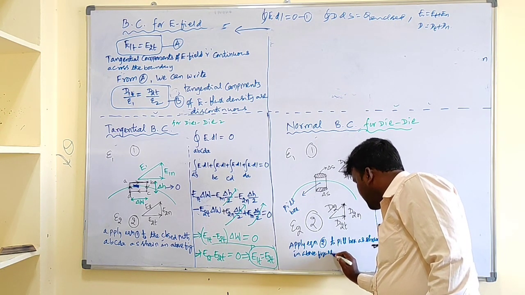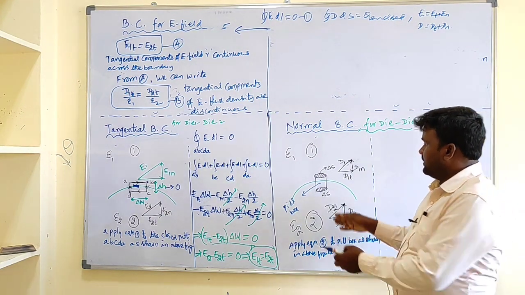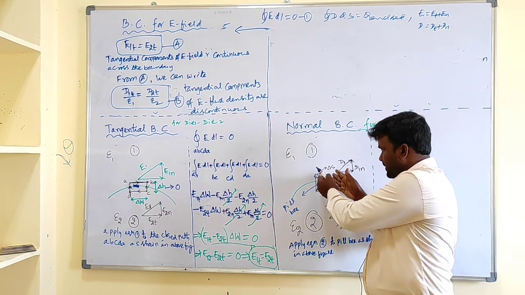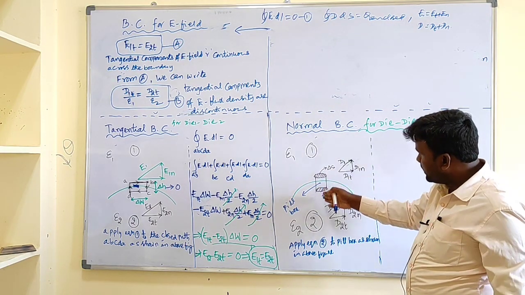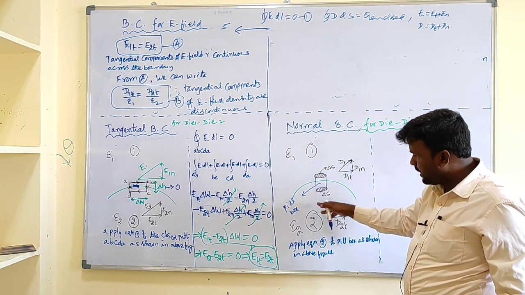If you apply this, the side surfaces become 0, and we have the field components for the top and bottom only.